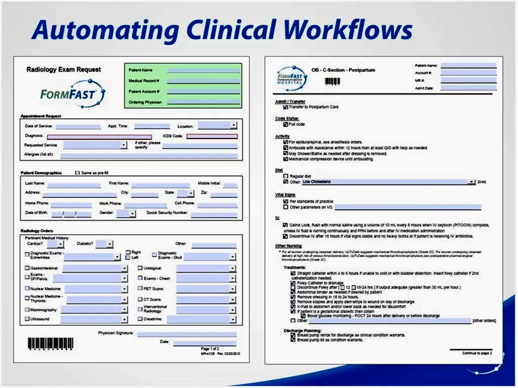In the example on the right, an obstetrician can complete OB orders with some pre-filled defaults and patient information. So her documentation task is quicker and simpler than it would be on paper. So in this example, we have the selections already pre-filled for our best practices on this form.